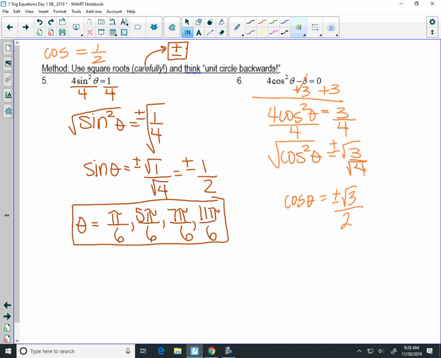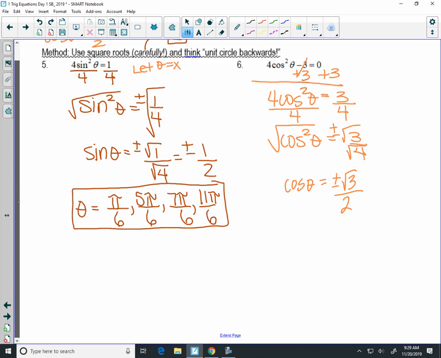So you have to have the angle. If you hate thetas, you're like, I cannot survive this if she makes me write thetas for all of these, just off to the side somewhere, say let theta equal x, and then use x's or hearts or stars or whatever you would like. It's just a variable. You can use hearts, that's lovely. But make sure you're using some kind of variable, because if you don't have that variable there, it doesn't make any sense.